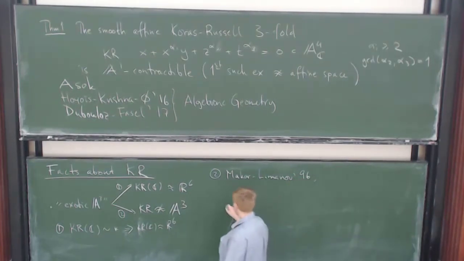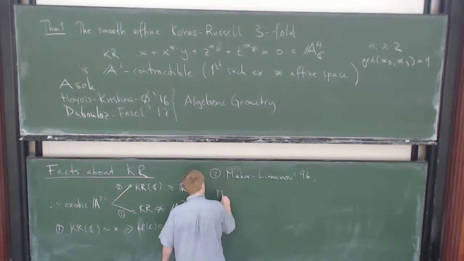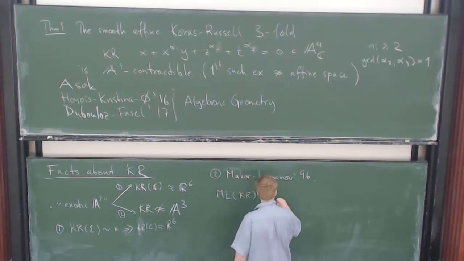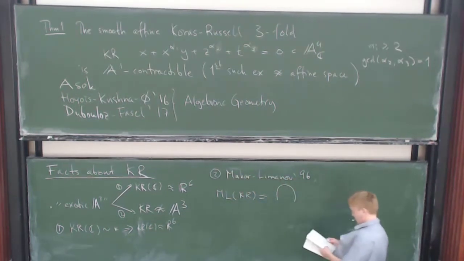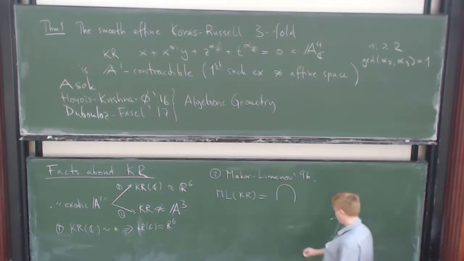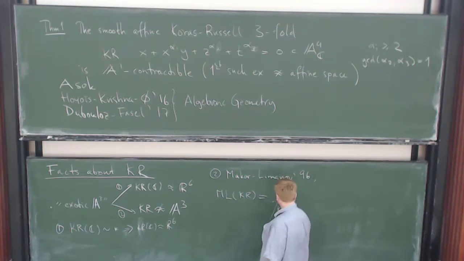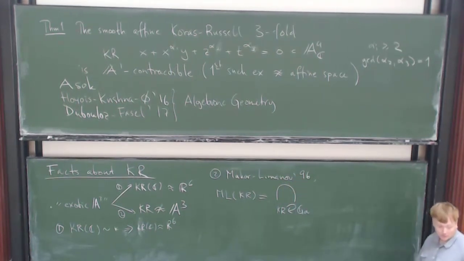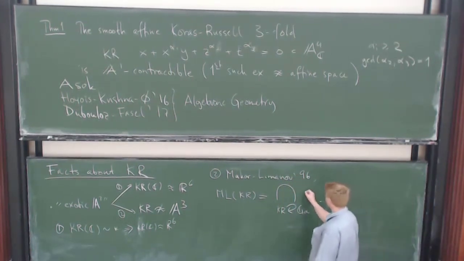The way this goes is to introduce the so-called Makar-Limanov invariant of KR, which is defined as the intersection over all the actions of the additive group G_a, the affine line viewed as an algebraic group, on KR, taking the corresponding fixed points in the coordinate ring of KR.